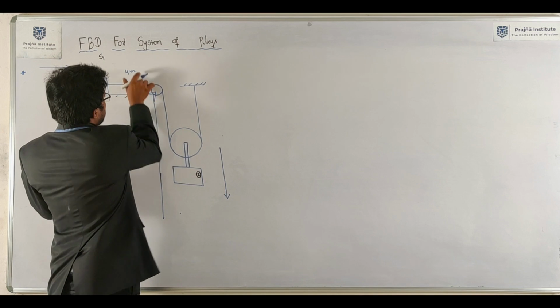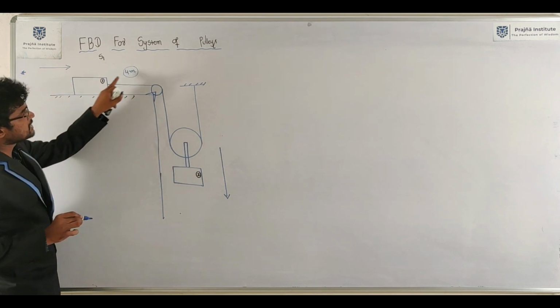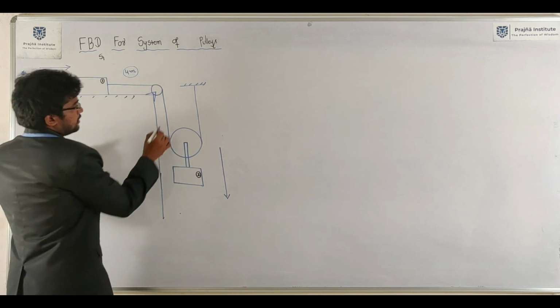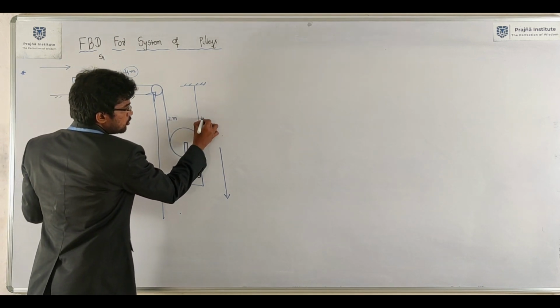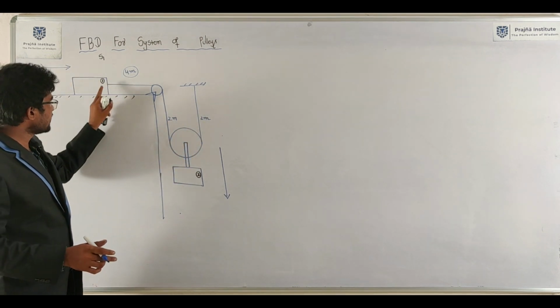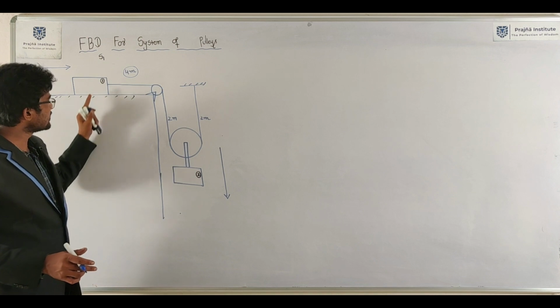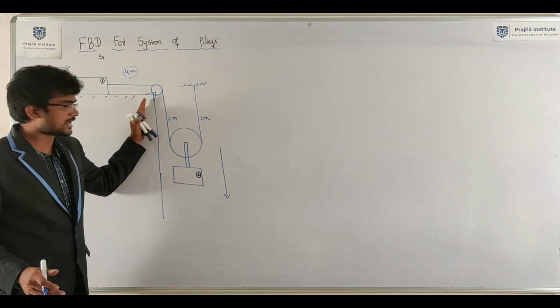Total distance moved by block 1 is 4 meters, then 2 meters will be settled here and 2 meters on the right side. 4 meters moved by block 1 towards right.